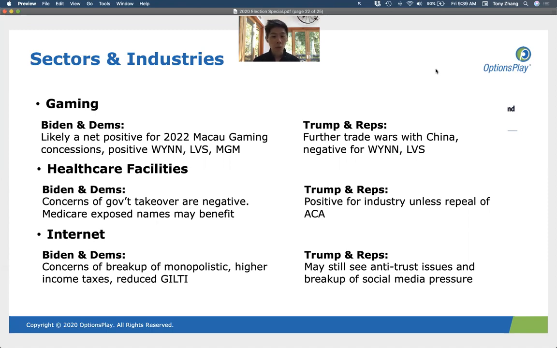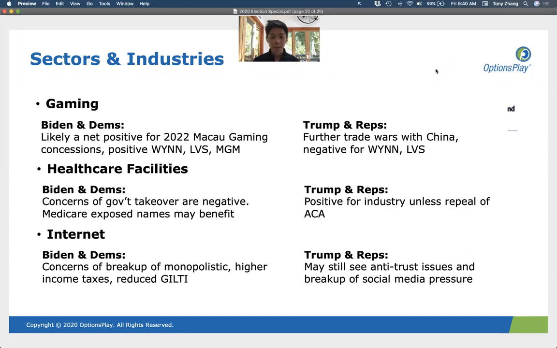And names like Wynn and Las Vegas Sands that have a high amount of exposure to Macau will likely be depressed and have negative downside pressure on those names directly as a result of the trade wars, because this is really one area that we think China is going to use as leverage for the trade wars, if you will, is perhaps removing some of those Macau gaming concessions for these American companies.